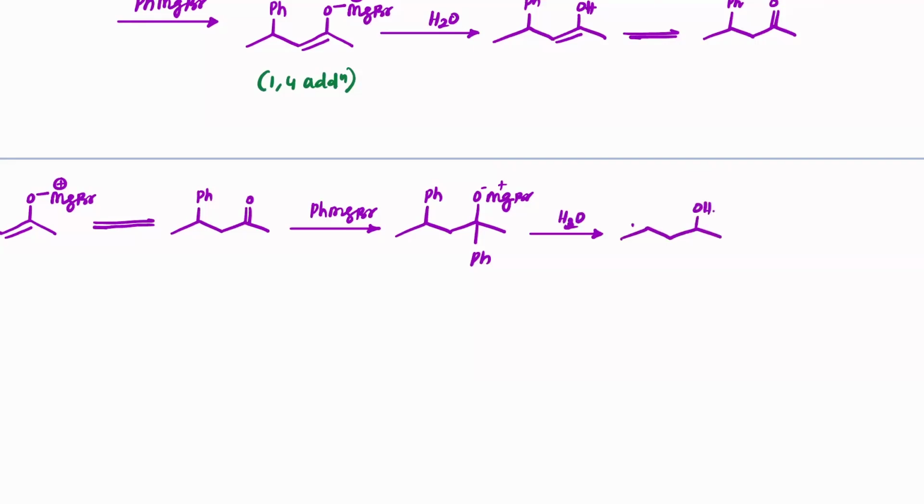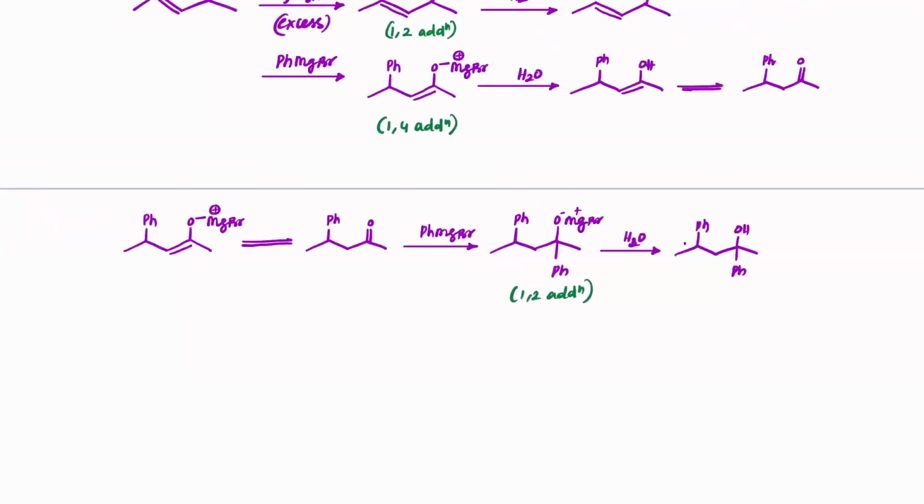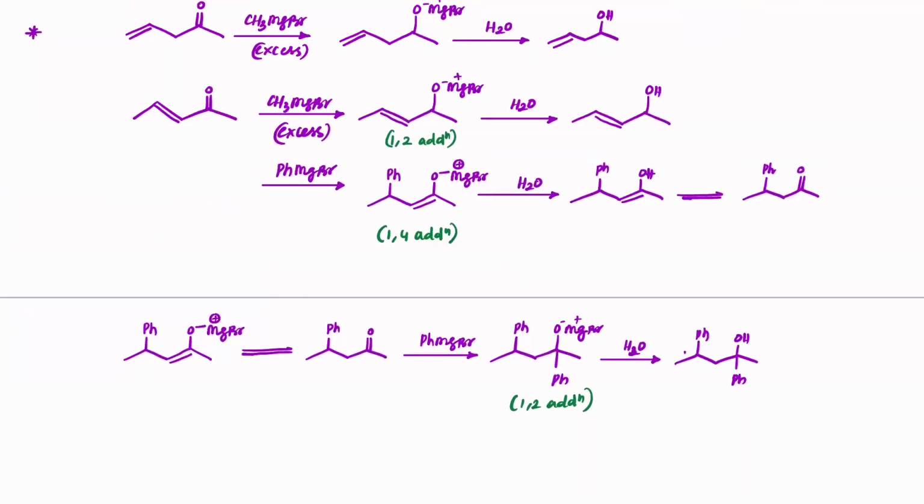Correct? So what have you noticed? First is 1,4 addition. Second one is 1,2 addition. So 1,4 addition is followed by 1,2 addition if you have a conjugated system, in which case, only when you have PhMgBr.